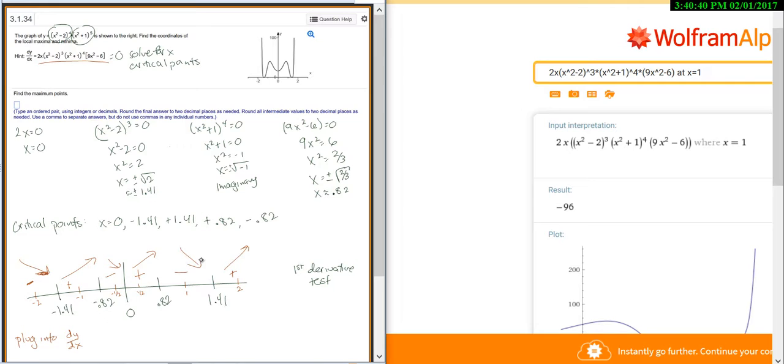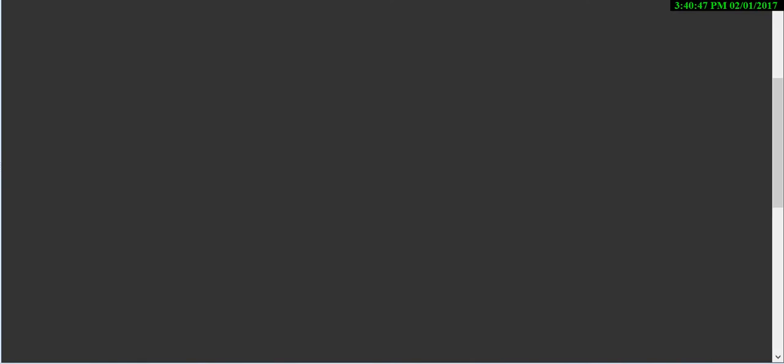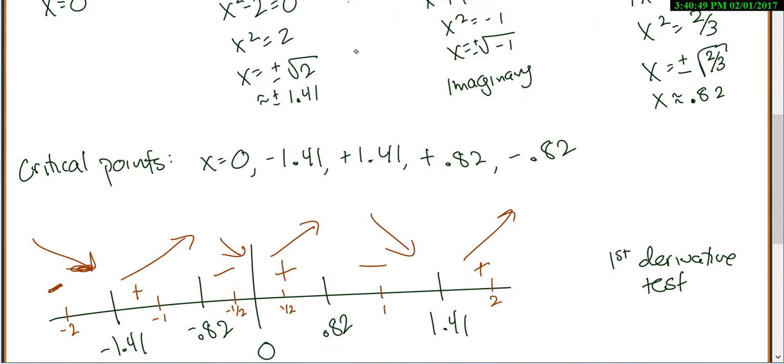So y itself is decreasing, then increasing, decreasing, increasing, decreasing, increasing. So just based on what that picture looks like, if I'm going down and then up, that looks like it would be a min. If I go up and then down, that would be a max. Down and then up would be a min. Up and then down is a max.